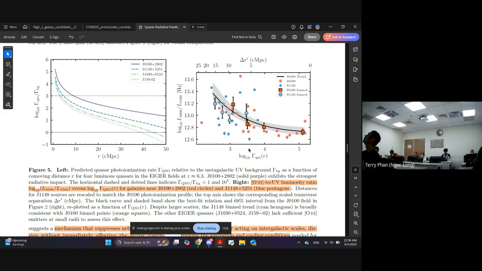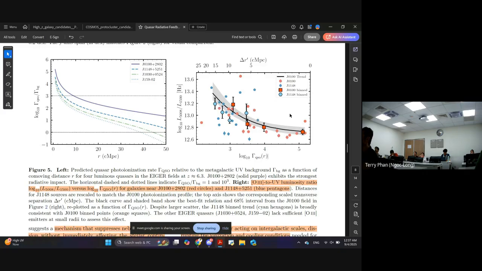So essentially what this is showing is the luminosity ratio with respect to distance from the quasar. And we can see that this O3 ratio is actually decreasing the closer we get to the quasar.